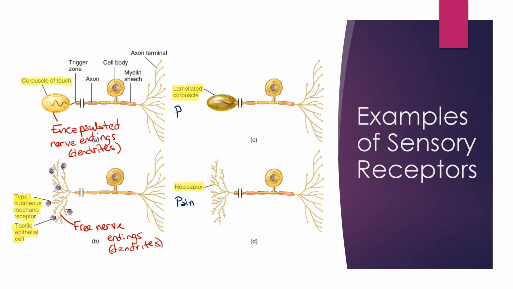This is a pressure receptor. These corpuscles of touch, remember these are also called Meissner's corpuscles. And these detect usually deep vibration and pressure.